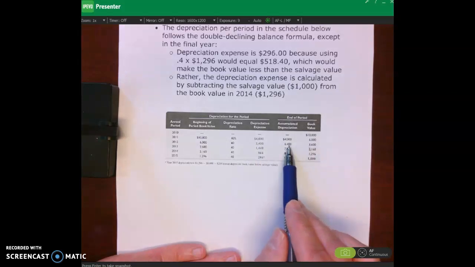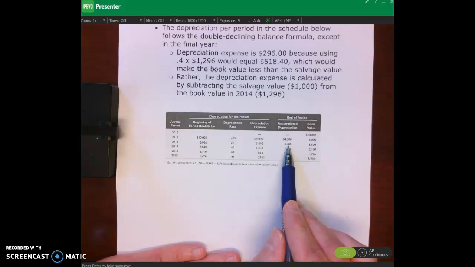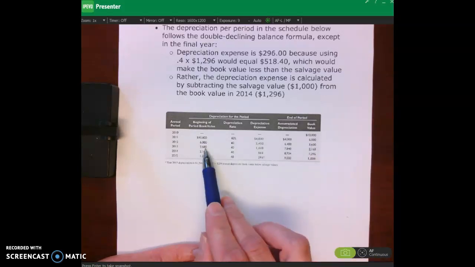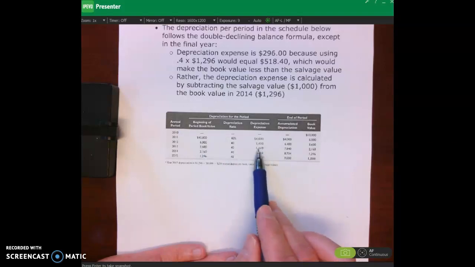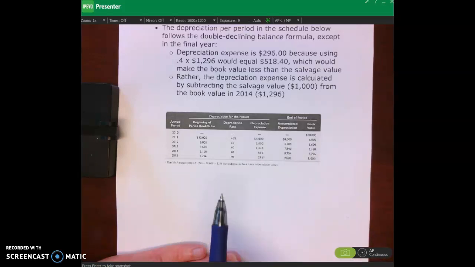Accumulated depreciation is $2,400 plus $4,000, $6,400. Book value is $3,600. End of year 2, beginning of year 3, book value $3,600 times 0.4 gives me depreciation expense of $1,440. $1,440 plus $6,400 gives me accumulated depreciation of $7,840, and then book value drops to $2,160.